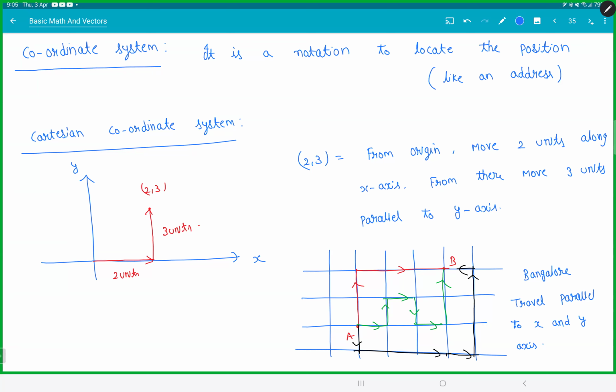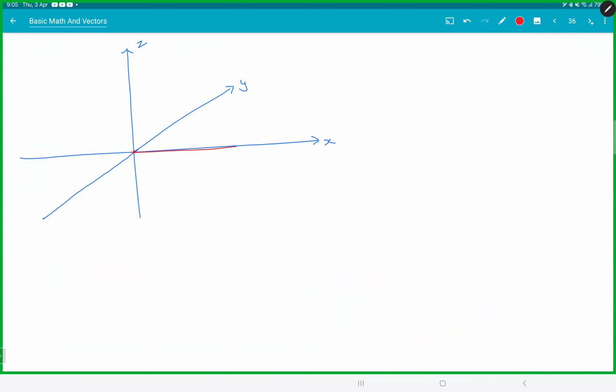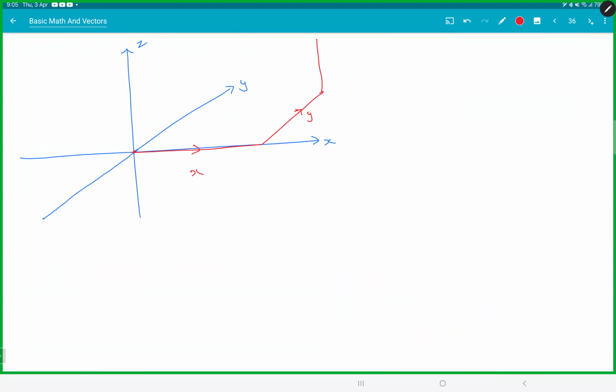Now, if you take it in 3-dimensional, then how does it look? In 3-dimensional, this is X, this is Y, and this is Z. How is this 3-dimensional plane? When you say X, Y, Z, it means from origin, travel along X-axis by X, then travel parallel to Y, and then travel parallel to Z-axis.